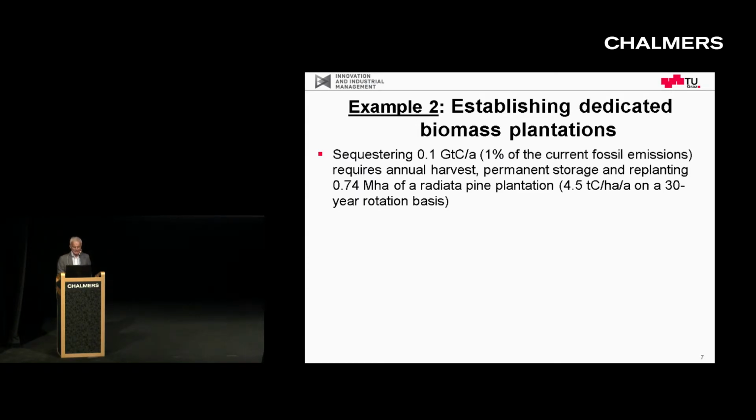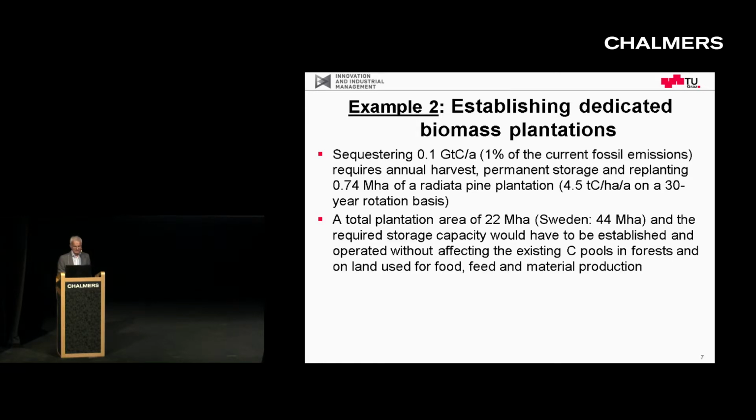Second example, establishing dedicated biomass plantation. As the example is talking about sequestering 0.1 gigatons carbon per year, which is 1% of the current fossil emissions. This would require the annual harvest and permanent storage and replanting of 0.74 mega hectare with, for example, radiata pine plantation on a 30-year rotation basis.